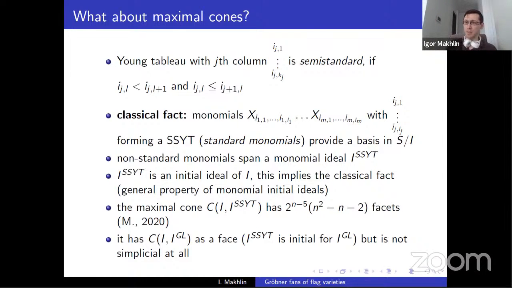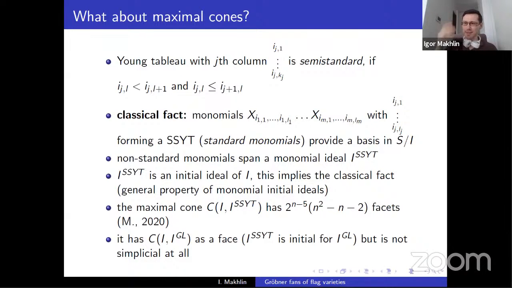the cone is complicated. But it is complicated, and this actually has certain upsides, because since it's complicated, it has a lot of different faces, and each of those faces corresponds to some Gröbner degeneration of the flag variety.